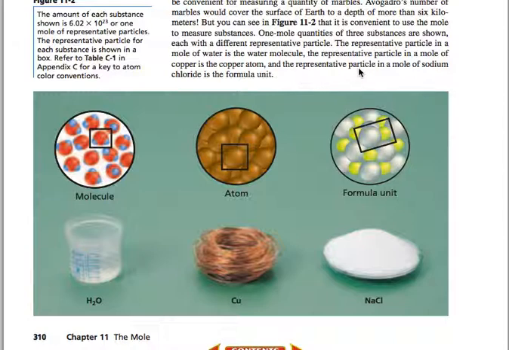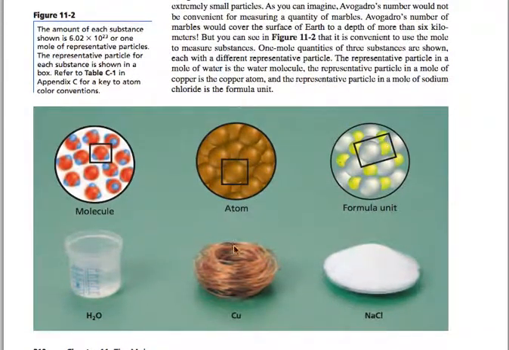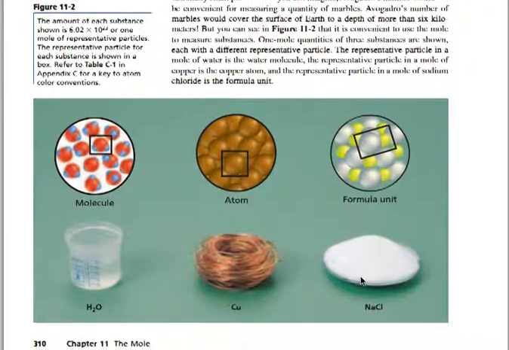And the representative particle in a mole of sodium chloride is the formula unit. So, 1 of these formula units. I think what they're telling us is that this is a mole of copper, this is a mole of water, and this is a mole of sodium chloride.